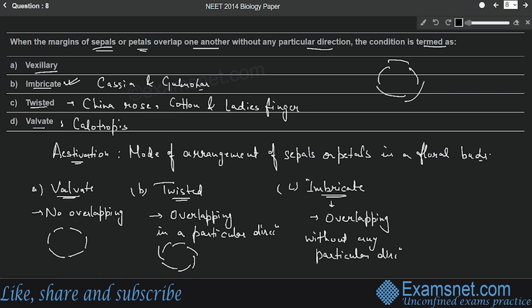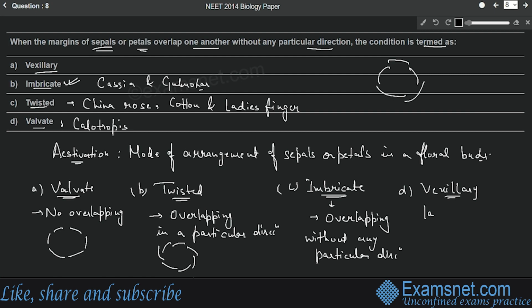Let's have a look at the last type of aestivation as well, that is vexillary aestivation. In case of vexillary aestivation, what happens? There is a largest petal or a largest sepal.